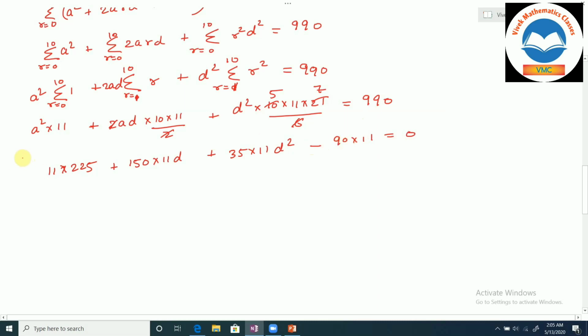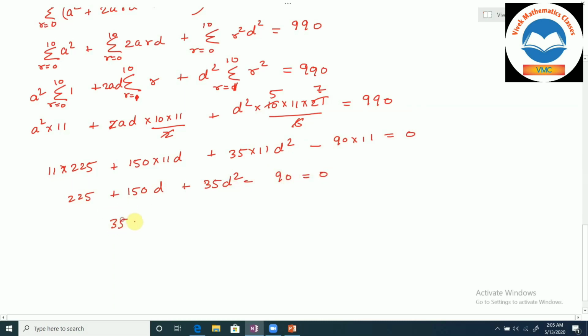And can we take 11 common from all this? Then if you take common, you will get 225 plus 150d plus 35d square minus 90 will be equal to 0.